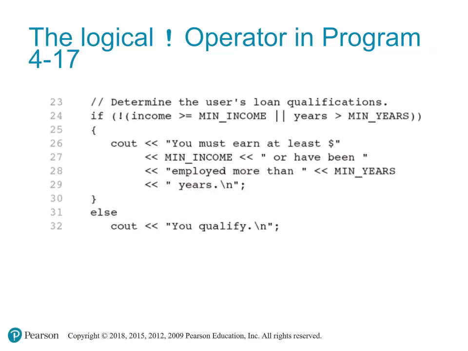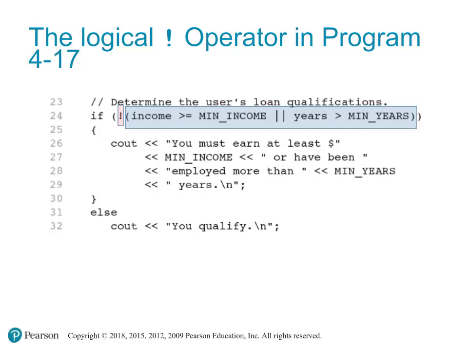This is from program 417. This section of code uses the NOT operator to invert the result of the OR condition, income greater or equal to mean income, or years greater than mean years.